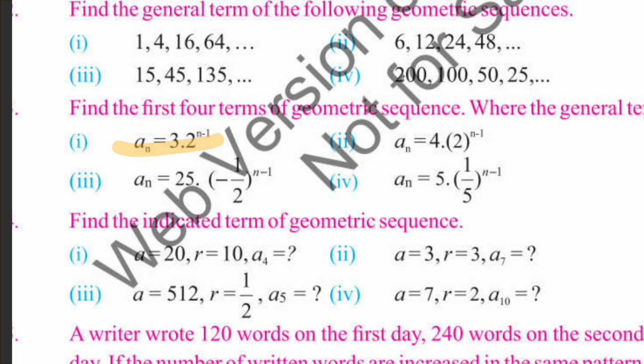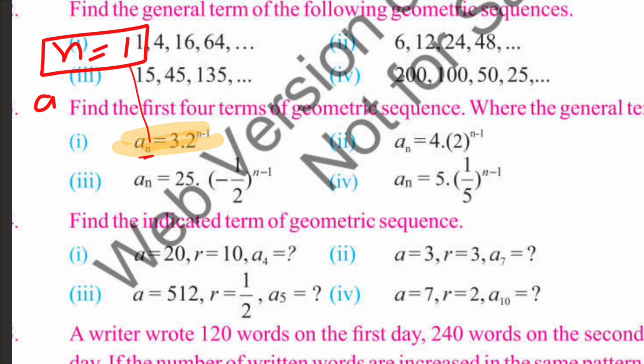Okay, now we solve the first part. The general term is given, and now we put n is equal to 1, because we find 4 terms.